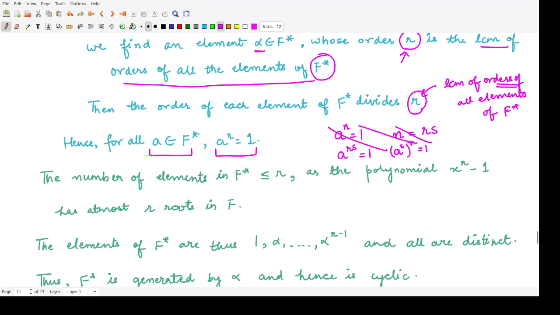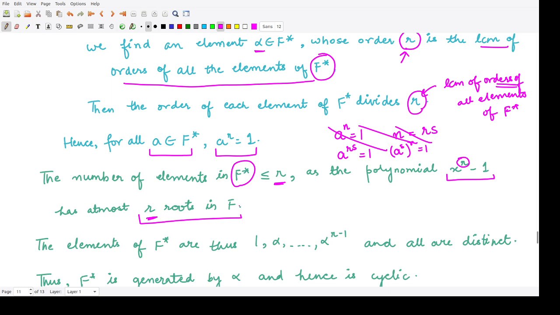So what we are saying next is the number of elements which are present in F star would be less than or equal to R, because the polynomial x to the power R minus 1 has at most R roots in F. So this polynomial, because it has degree R, the maximum number of roots which are available in F would be R, right?